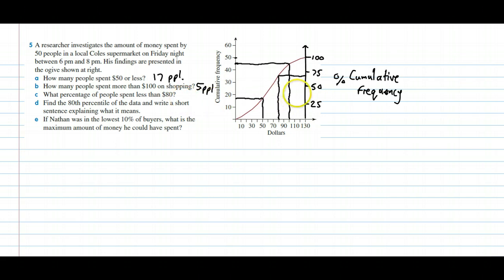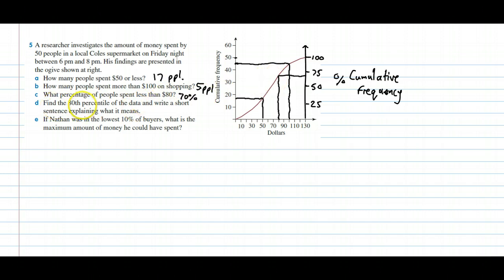Pretty close to 70%. Since we're asking about less than $80, there's 70% of the data below that line. It's the 70th percentile. So 70% of people spent less than $80, according to my estimation.